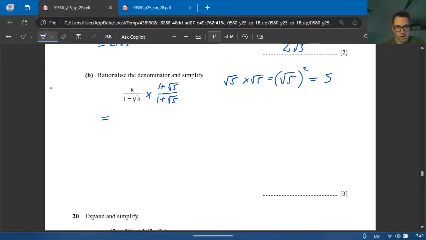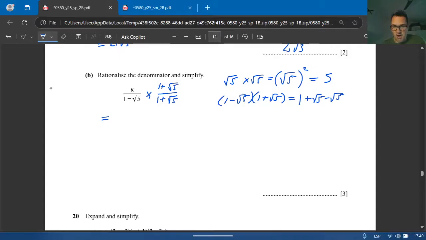Why? Well, look at this. If we have 1 minus root 5 times 1 plus root 5, we expand the bracket. 1 times 1 is 1. 1 times root 5 is positive root 5. Minus root 5 times 1 is negative root 5. So root 5 minus root 5 is nothing.